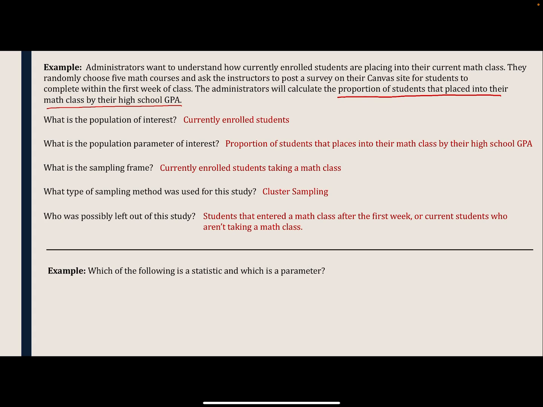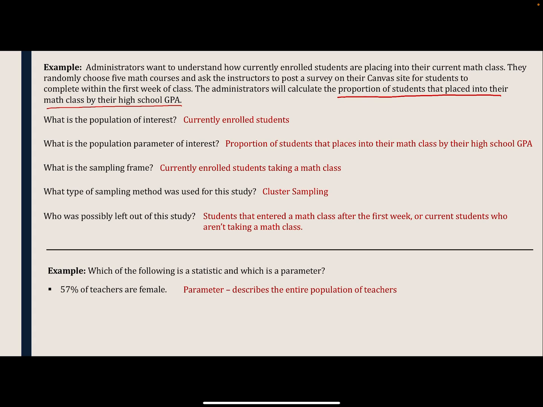And then I have one more example down here, just to look at the difference between a statistic and a parameter. So I have 2 statements, and you want to decide which statement represents a statistic and which represents a parameter. So if I say 57% of teachers are female, is this a statistic or a parameter?